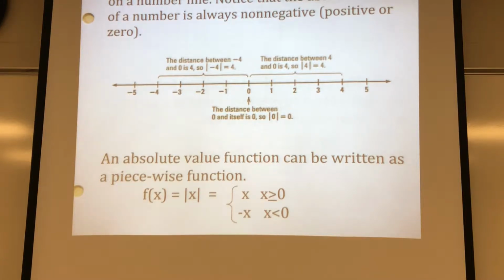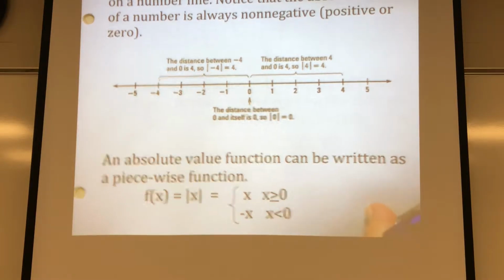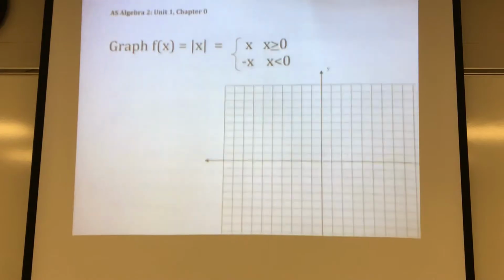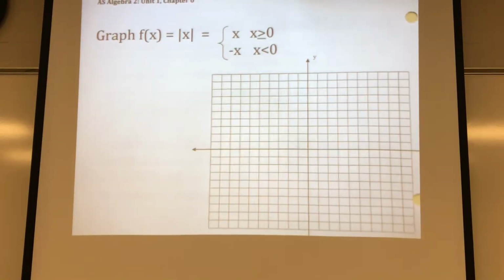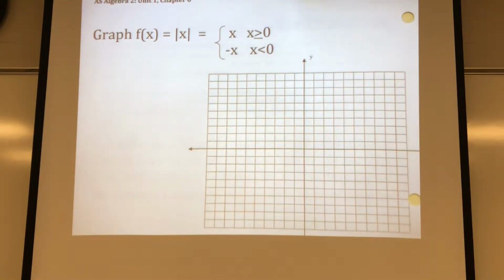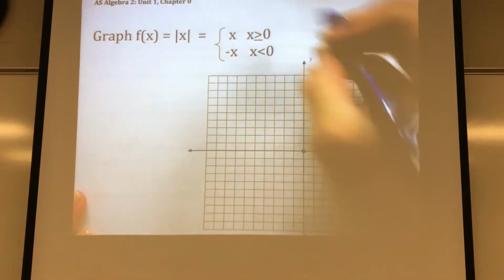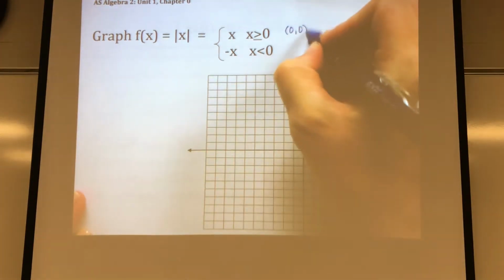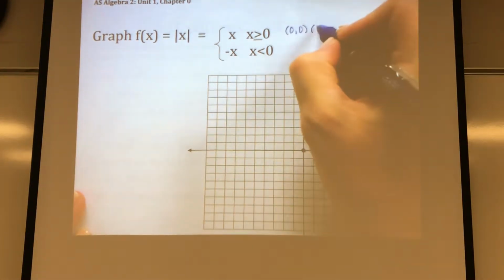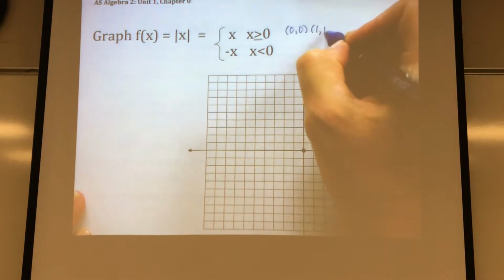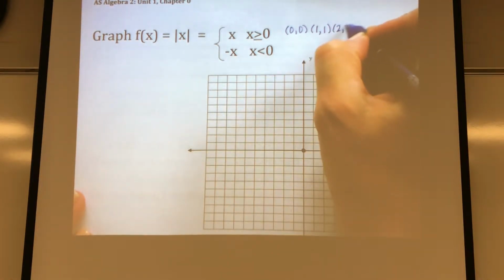Now, today we want to see what the shape of an absolute value graph is going to be. So let's take that piecewise function that we were just talking about and graph it. So if we put 0 into the absolute value function, we know we're going to get 0 back out. So 0, 0 would be our first point. Let's do some more positive points. If we put 1 in, we get 1 out. 2 in, 2 out.